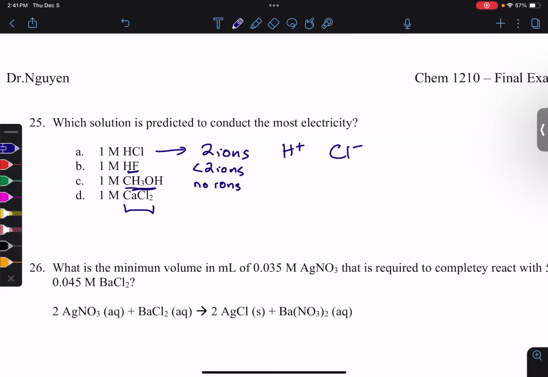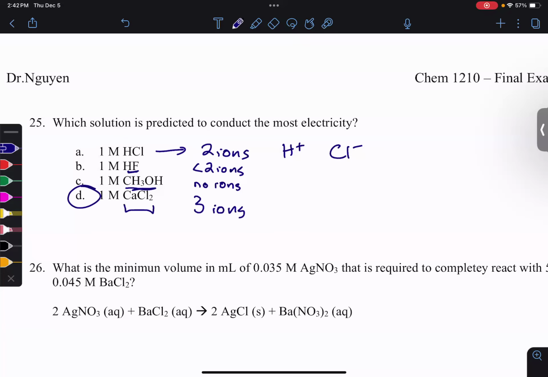What kind of electrolyte is that? Strong because it's ionic. So let's take it one step further. You put calcium chloride in water, how many ions do you get out? 3. You get a calcium, you get a chloride, and you get another chloride. So D is going to conduct the most electricity because there are literally 3 ions there.